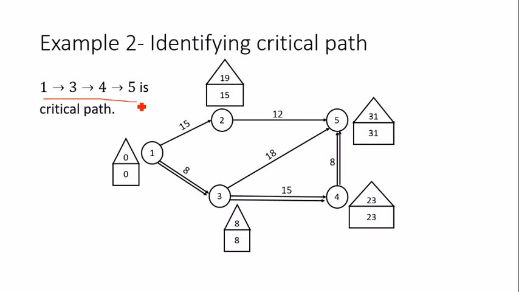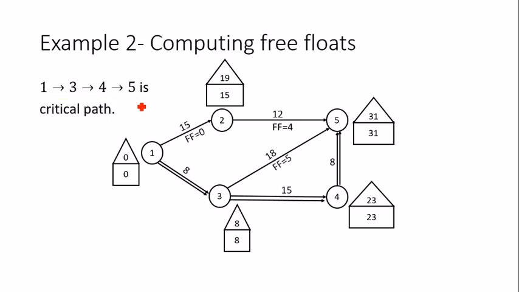But before doing that, we need to compute free floats of the network. So free floats are computed for non-critical activities. So for this, 1 to 2 is non-critical. If you compute the free float here, this is ES_J minus ES_I, the difference between the earliest starting times, minus T_IJ, the duration written over there. So 15 minus 0 minus 15 makes it 0.